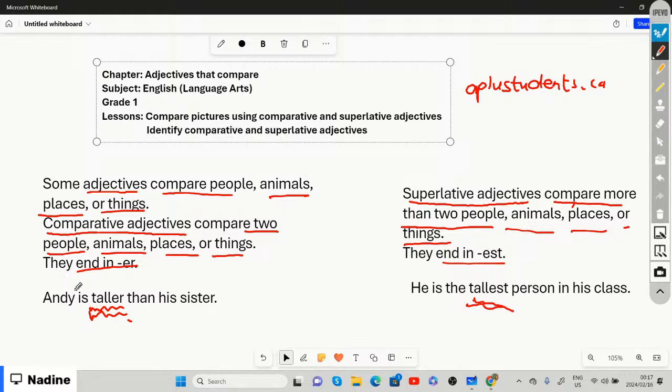All right. So we're going to aplusstudents.ca, and then we're going to continue with our tutorial lesson.